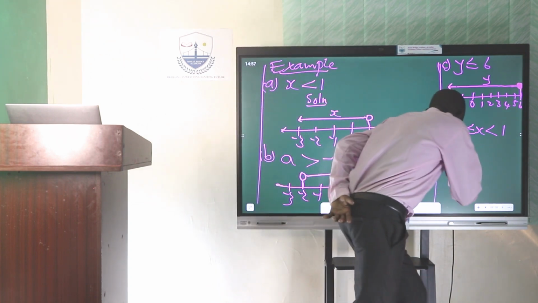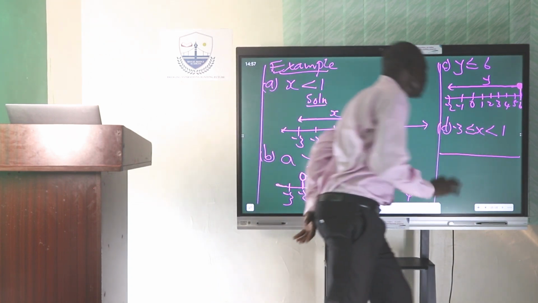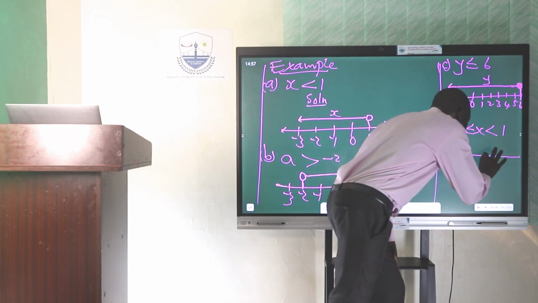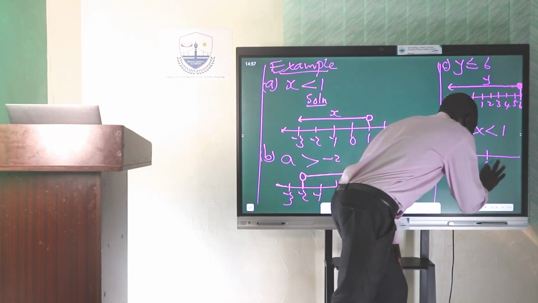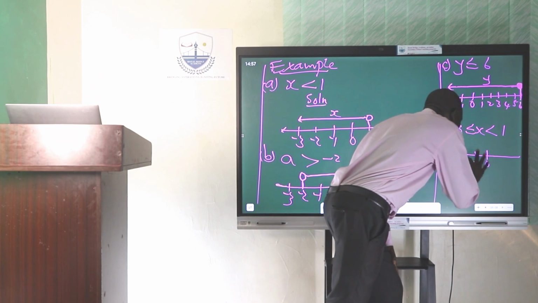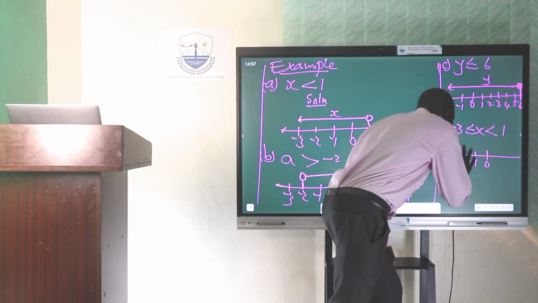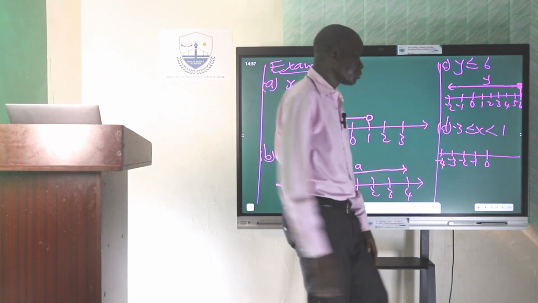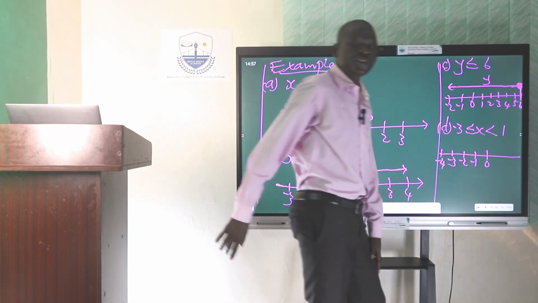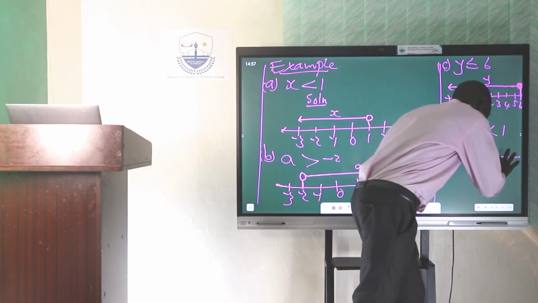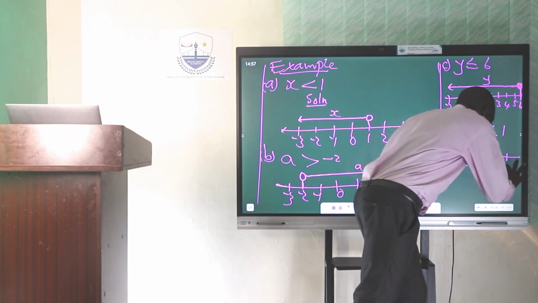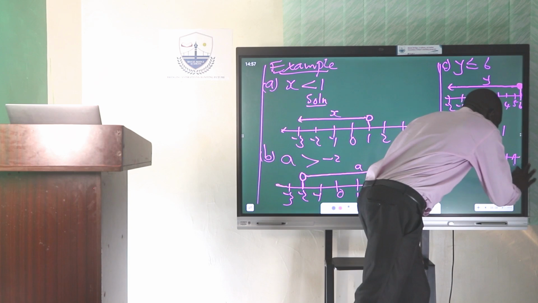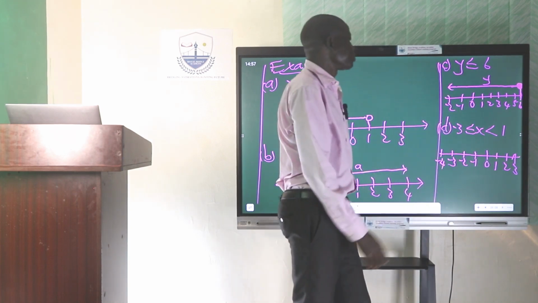We start by drawing a number line. This is 0, -1, -2, -3, -4, and so on. On the right-hand side of 0, we have positive 1, positive 2, positive 3, and so on.